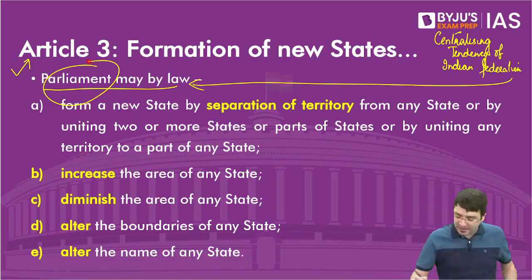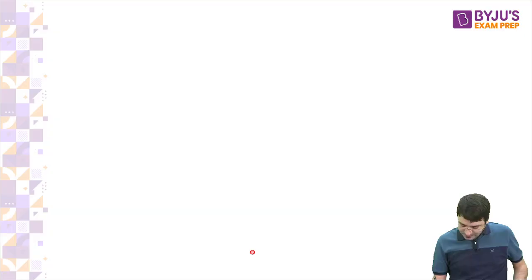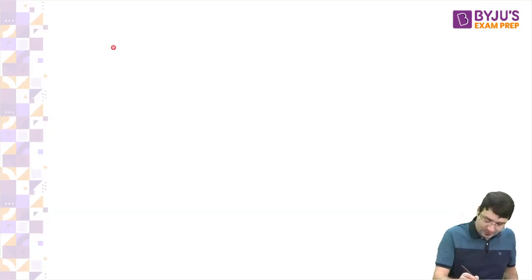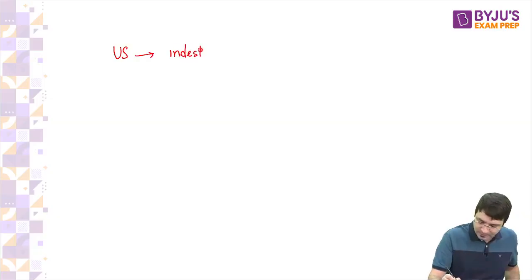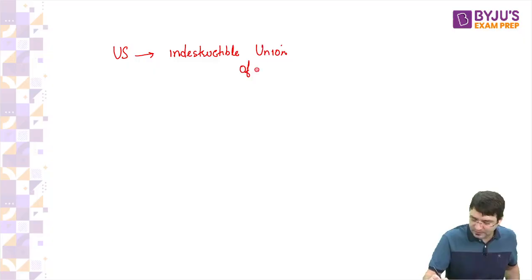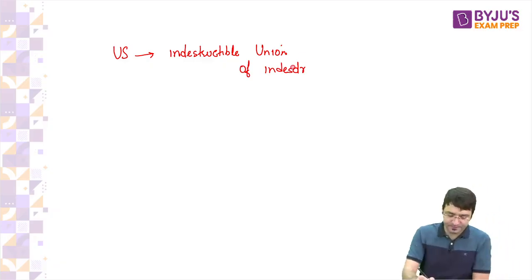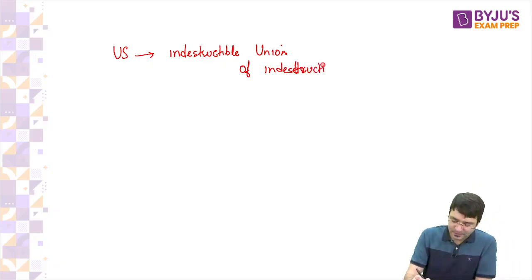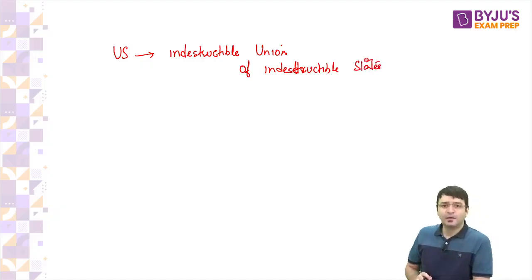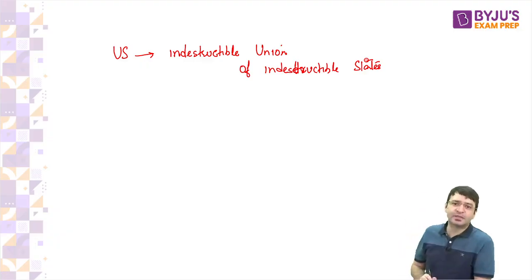That is why we say US is an indestructible union of indestructible states. States cannot be destroyed in the United States without the approval of the states.